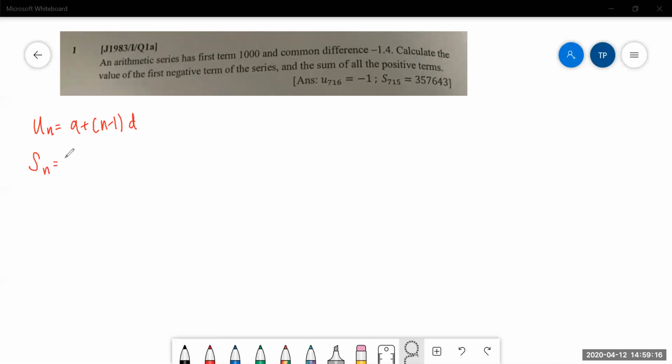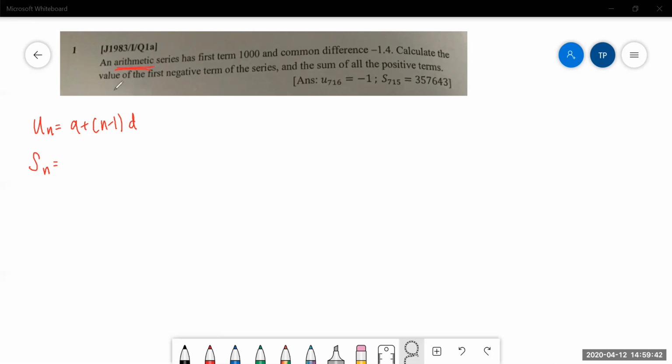Wait, I forgot. Is it the a1 minus r^n thing? No, that one is for GP. Now they're talking about AP. They said arithmetic, right? Arithmetic.